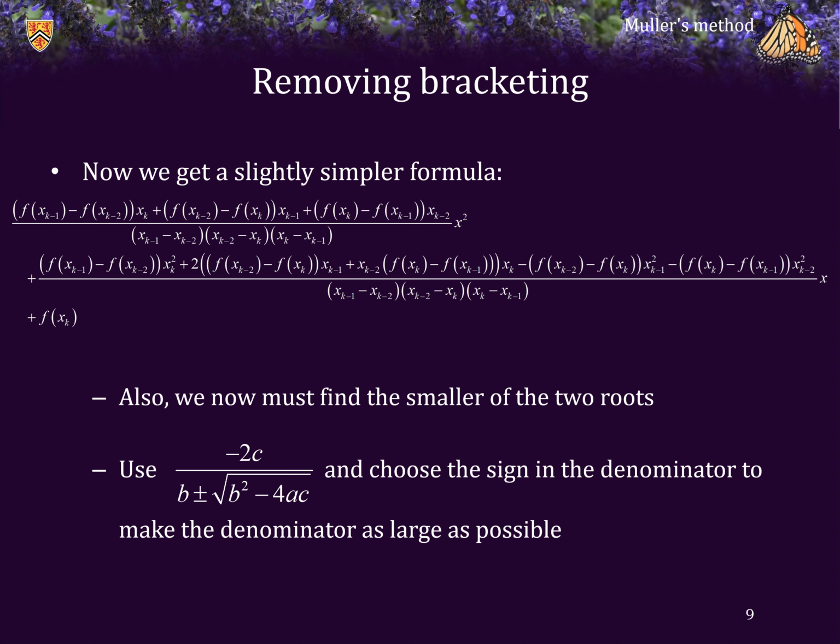Consequently, we should use this formula, and specifically we should choose the sign in the denominator so as to make the denominator as large as possible. If b is positive, then we add to that the square root of b squared minus 4ac. Whereas if b is negative, we should subtract from b the square root of b squared minus 4ac.